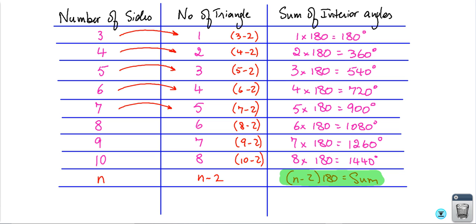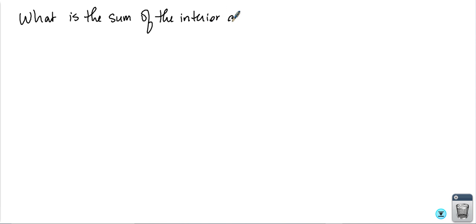And I'm going to work out 1 or 2 examples to be able to use that formula. For example, what is the sum of the interior angles of a 22-sided polygon?